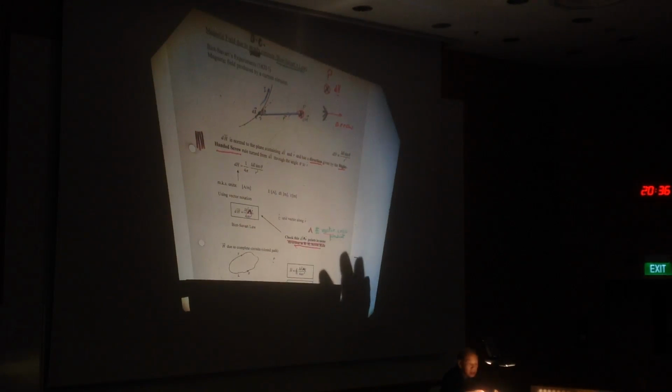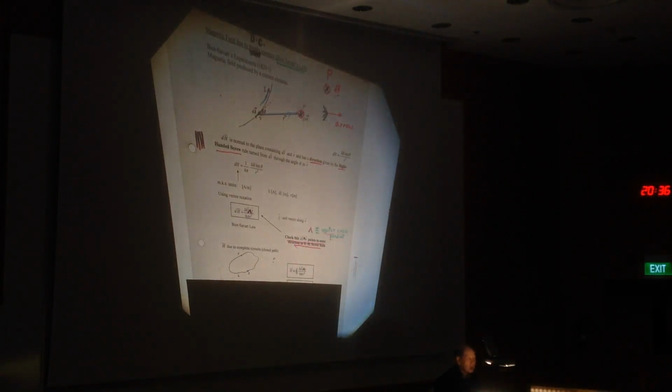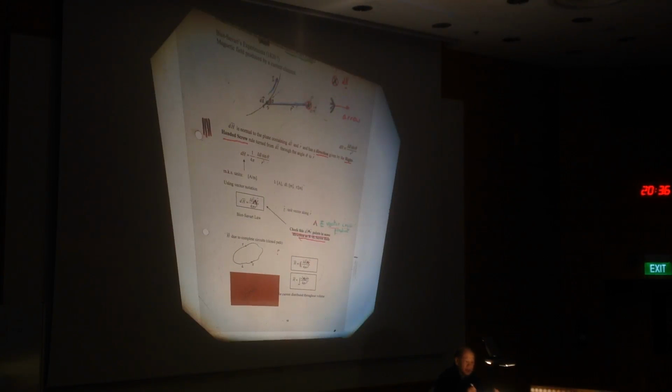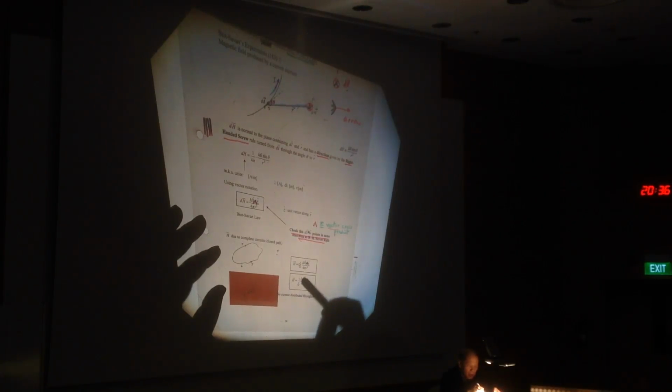To get the actual answer, I have to give you the data, the very detailed data. Sometimes the current is not in a wire, the current will be in a volume. In that case, the same kind of law takes place, except that it is J cross R dV. We are not going to meet that.